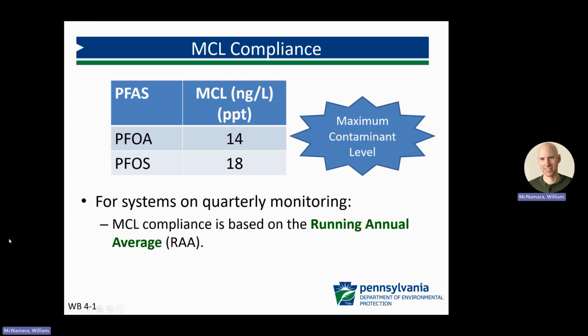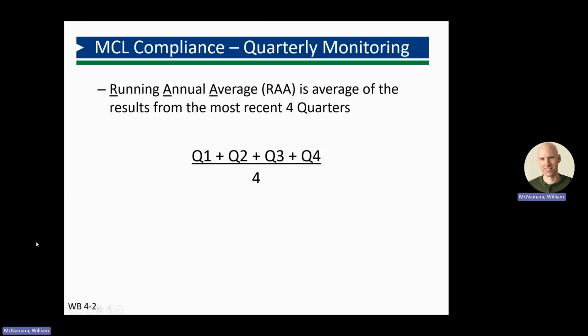For systems on quarterly monitoring, MCL compliance is actually based on the running annual average. So let's look at what this means. The running annual average is the average of the results from the most recent 4 quarters. So here we have shown Q1, which is quarter 1, plus Q2 plus Q3 plus Q4 divided by 4 gives us our running annual average.